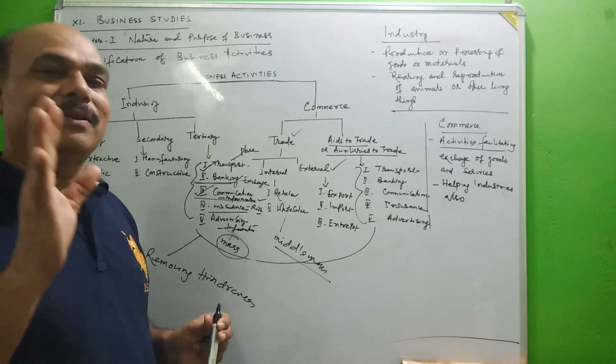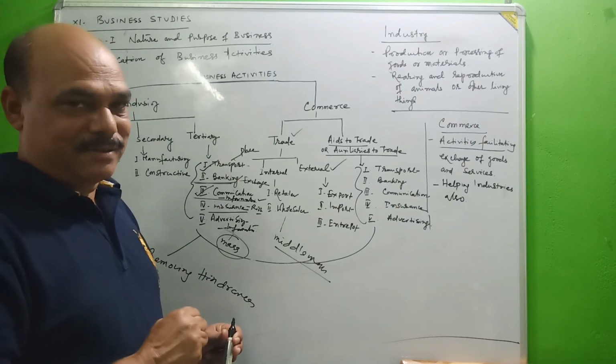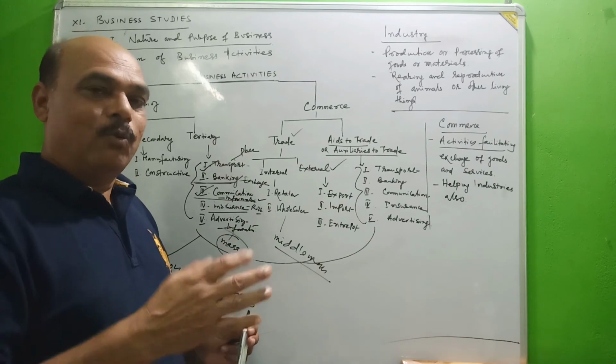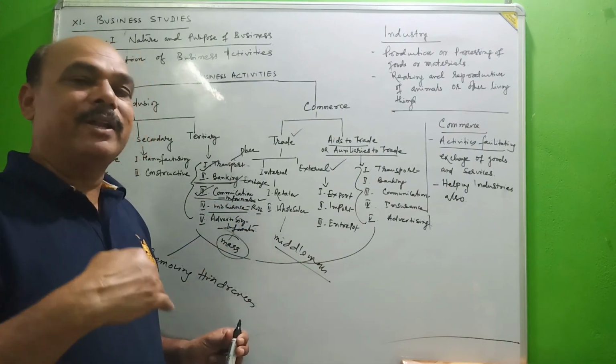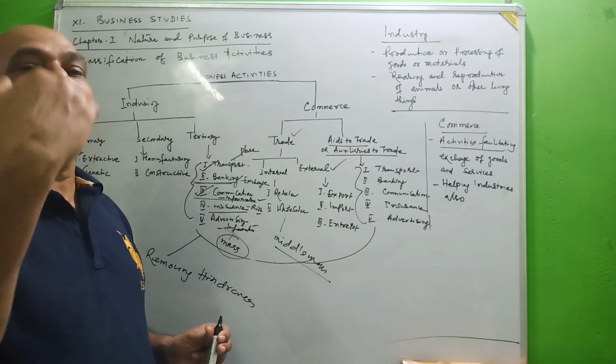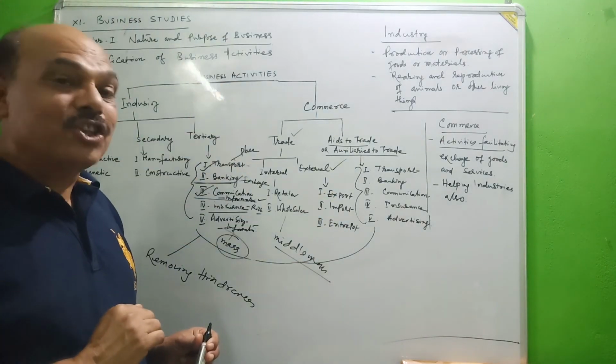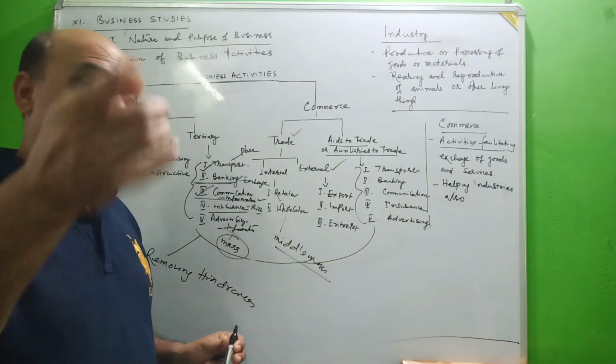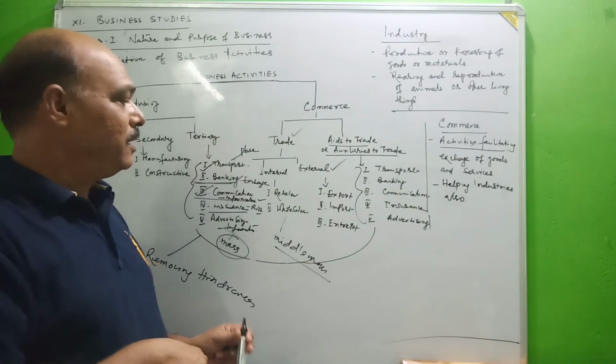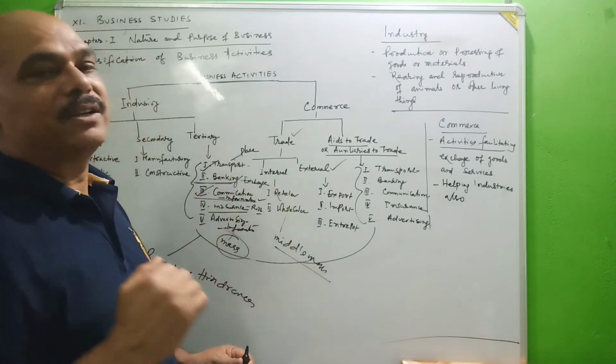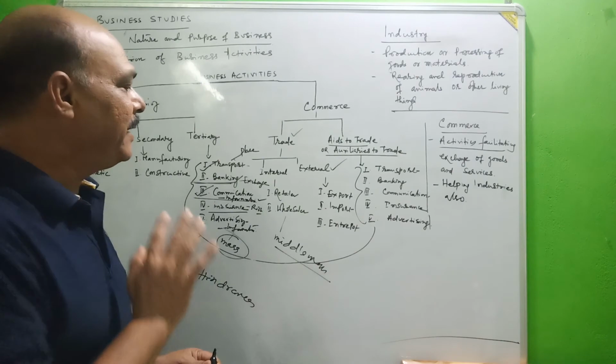We are having limited resources in our country, and what we have may not be in other countries, and what they have we may not have. So this is the reason that export, import and entrepot are there.